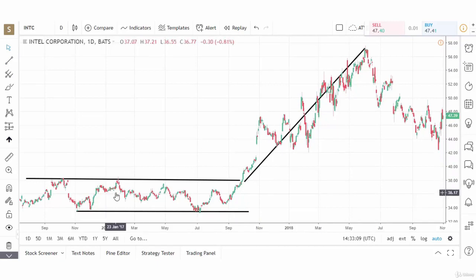So the stock had been trading in this range or consolidating for over a year, and when the stock broke through resistance, it made a large move. One of the reasons stocks make large moves when breaking support or resistance is because the stock is doing something that most investors do not expect.